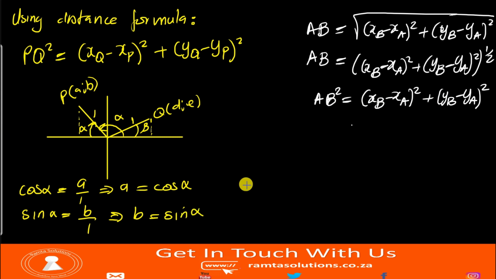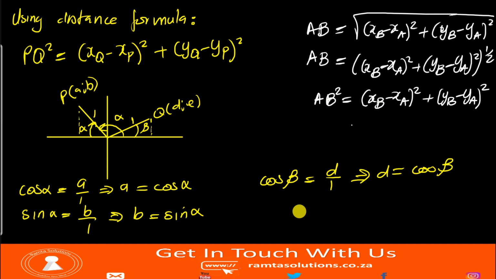Okay, let's then come to beta. Now, cos beta is adjacent over hypotenuse. Adjacent refers to the value of x. What is it? It's d. What is the hypotenuse? We said it's 1, implying d equals cos beta.